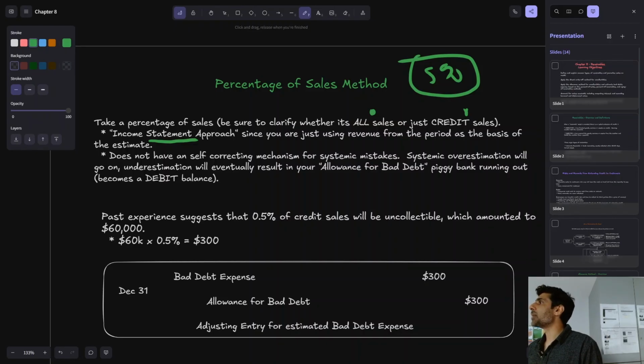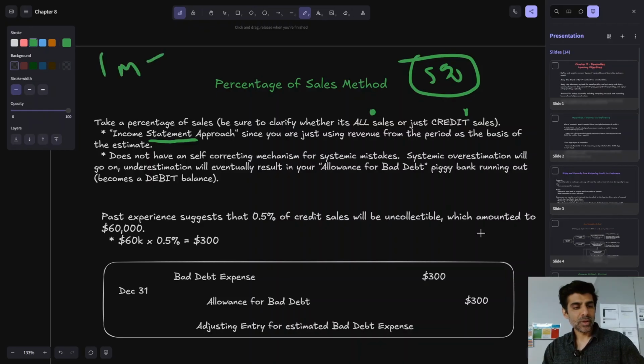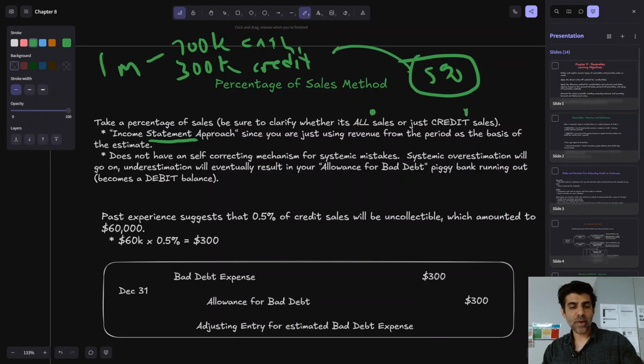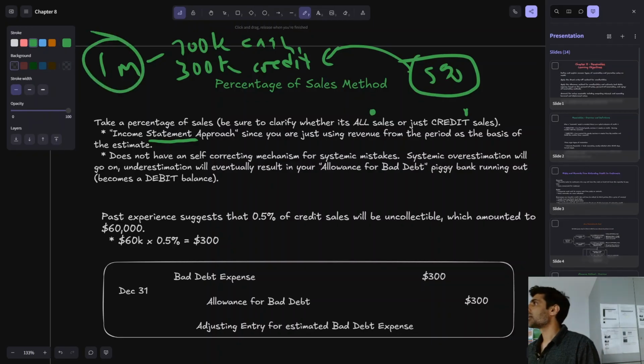You have to read carefully and make sure you're clear on what revenue it's talking about, because if you have $1 million in revenue, maybe 700K of that was cash sales and only 300K was credit sales. And so if it was 5% of credit sales, you'd only multiply 5% by the 300,000, not by the full million. But if it was 5% of all sales, you would multiply it by this million.